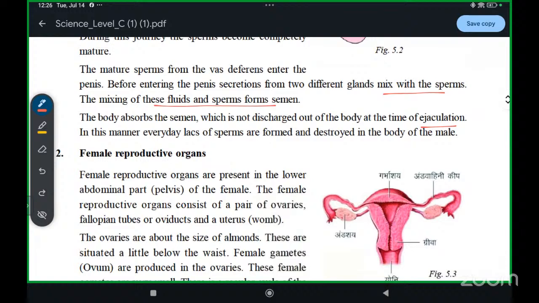That is also a natural thing. That's the body's way of letting the sperms out, a natural phenomenon of discharging the semen.